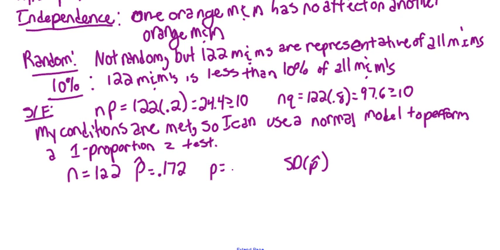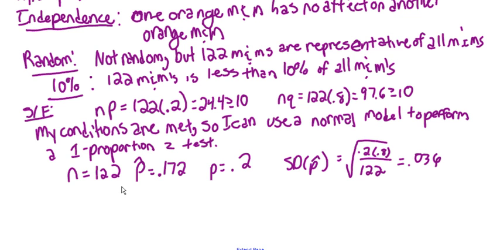The p is obviously 0.2. And then for the standard deviation, remember I'm using the 0.2 and then 0.8 for q. So whenever you have the population, you use it. So 0.2 times 0.8 divided by 122, and then I take the square root. When I do that, I get 0.036.